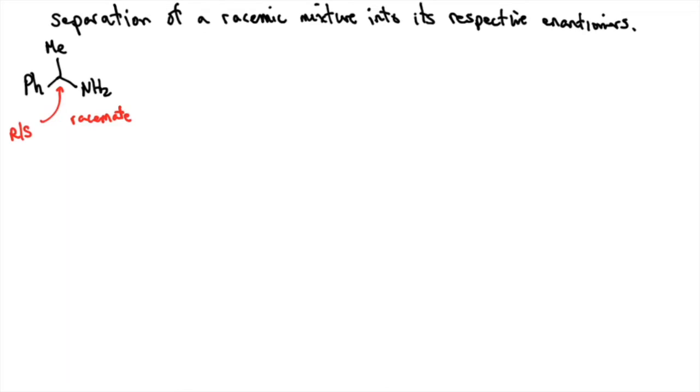This racemic mixture is a mixture of both the plus and the minus, or the R and the S enantiomers. So here we go. We've got at this position an R stereocenter or an S stereocenter. Right, so that's what this molecule is.